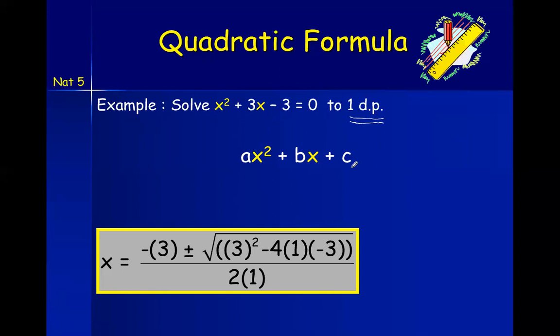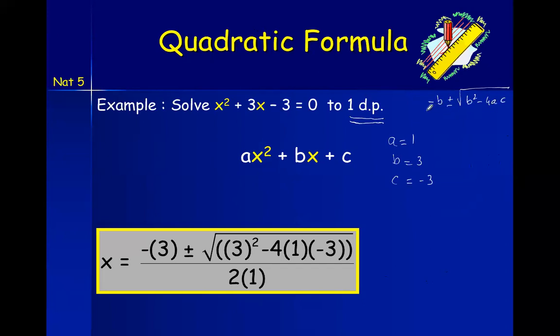So remember what we said? It's minus b. Here, if I were you, I would write a equals 1, b equals 3, and c equals negative 3. And you would drop your formula here, minus b plus and minus the root of the discriminant b squared minus 4ac, over 2a.